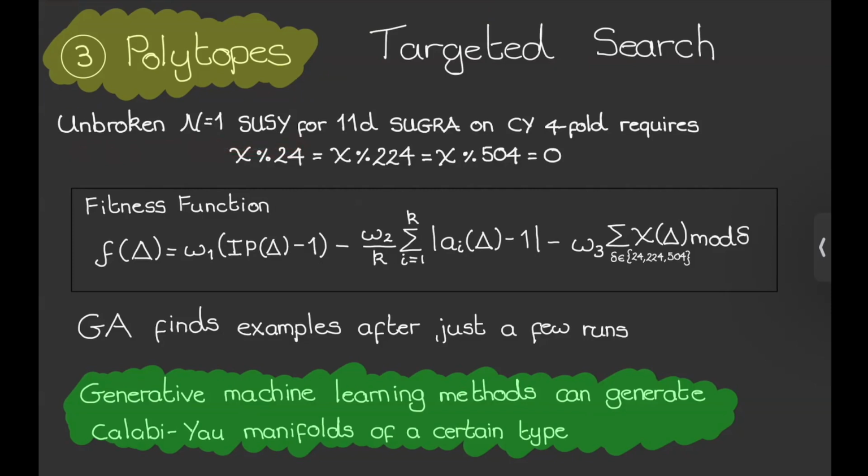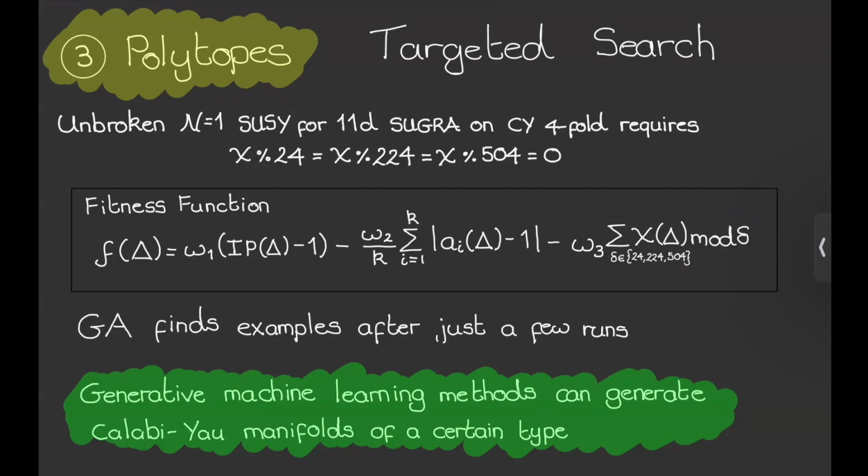So the condition is that the Euler number is divisible by 24, 224, and 504. And so this is a condition we then put into our fitness function. So obviously now we don't care about the number of points, so that third term we had earlier goes away. And this new extra term basically just penalizes any polytope you generate which isn't divisible by those numbers.